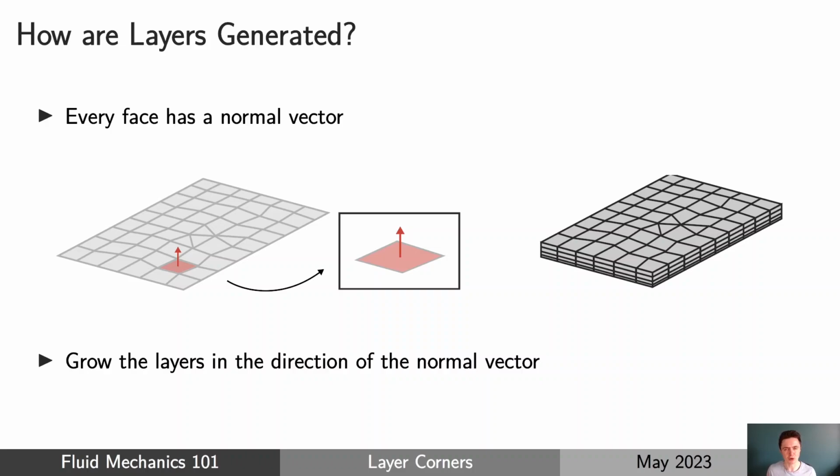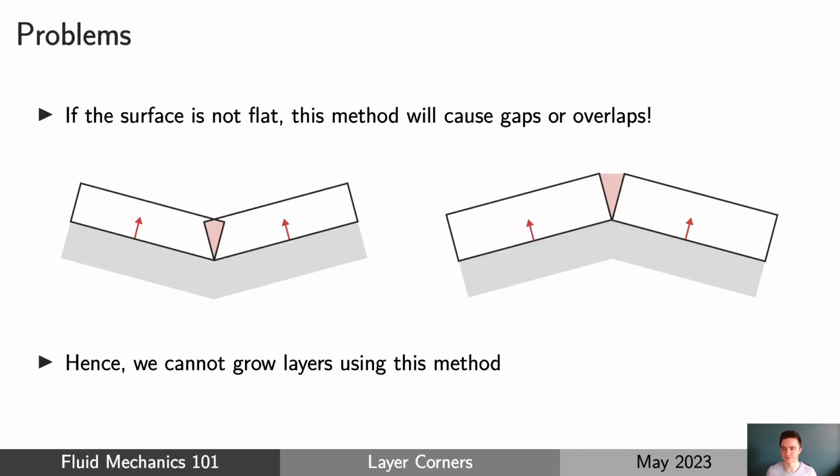However, there's a small problem with this approach, and that's what I want to talk about in today's lecture. The problem, of course, arises if the surface isn't flat. If the surface has any curvature at all, whether that be concave or convex, what happens immediately if you use the face normal vector that's at the center of the face and use that to project off the surface of the wall?